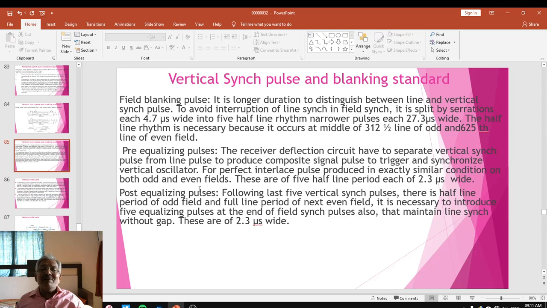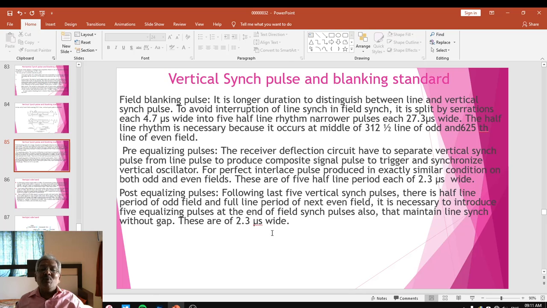Next, post-equalizing pulses. Following the last 5 vertical sync pulses, there is a half line period of the odd field and a full line period of the next even field. It is necessary to introduce 5 equalizing pulses at the end of the field sync pulses also, to maintain line sync pulse without gap.